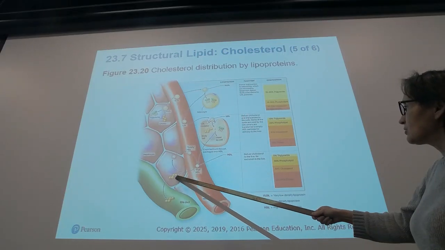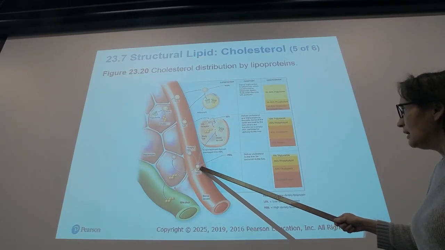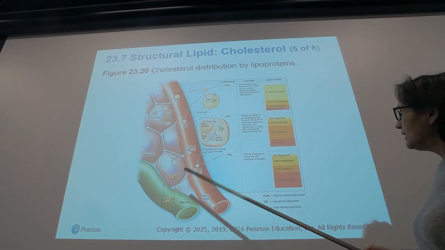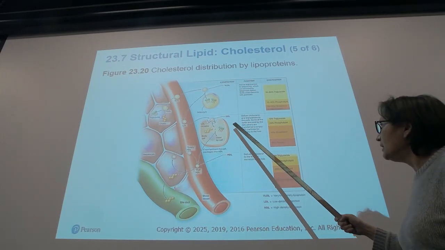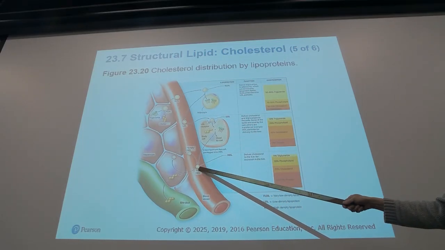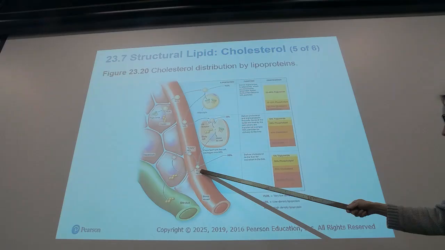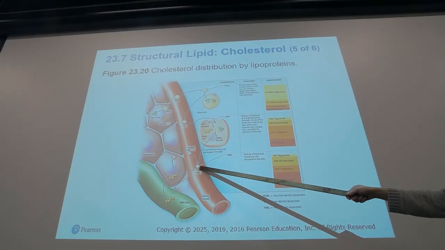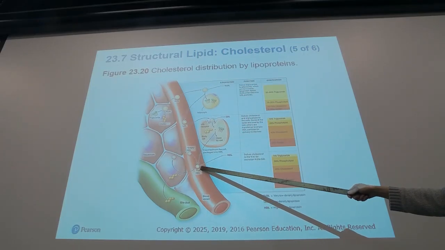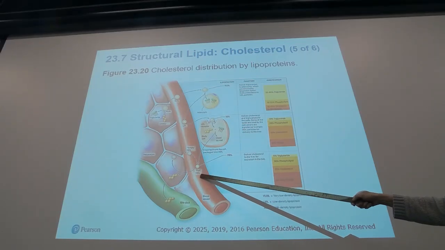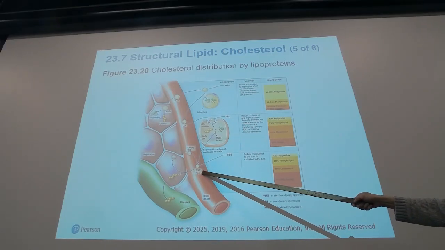So it will pack these cholesterol molecules with proteins into HDLs, and then these will be the good cholesterol molecules because they have 20% cholesterol, 30% phospholipids, 5% triglycerides, and 45 to 60% proteins. So when you have high levels of HDL, this is the good cholesterol.